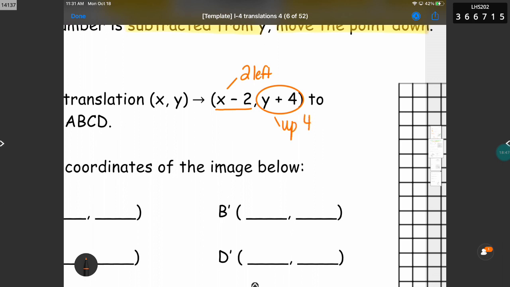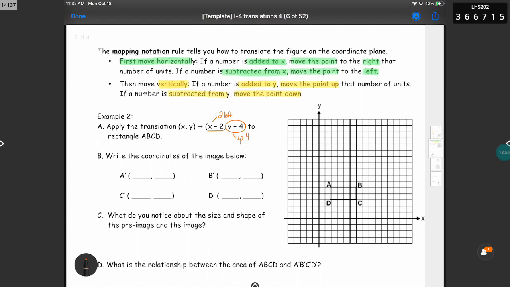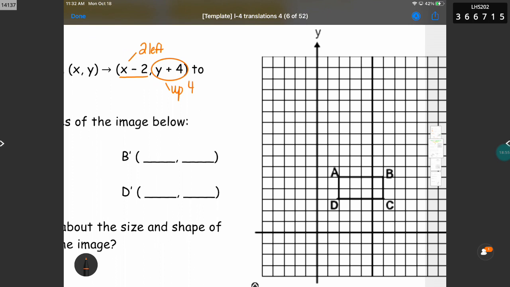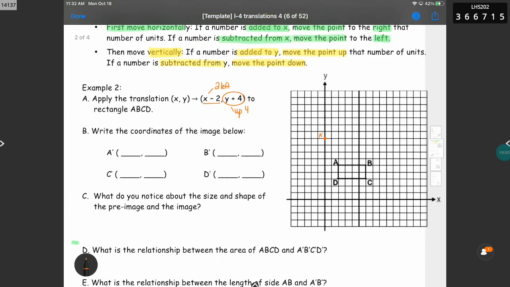All right, let's go ahead and do this to each point. So let's look at A. I am going 2 left and up 1, 2, 3, and 4. So I'm going to be here. I'm going to put that point as A prime. That's going to be (0, 9). Okay, now let's do the same for B. I'm going to move 2 left and up, I'm sorry, not up 9, up 4.